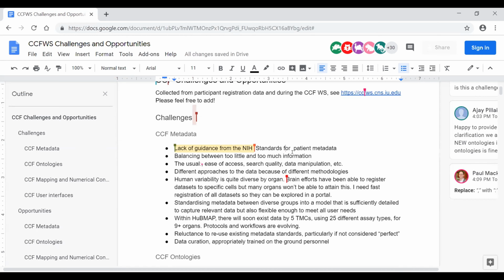Once we agree that those use cases are important and that we need more metadata, we're going to go back and get more metadata. Of course, this is going to be an iterative process.